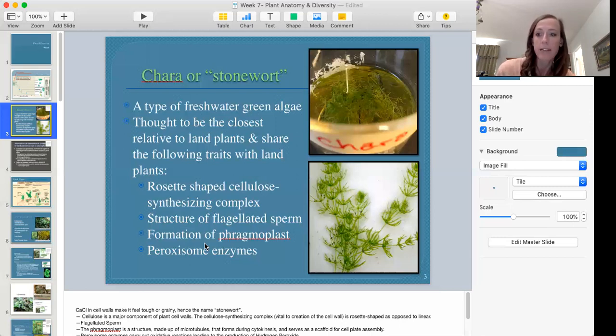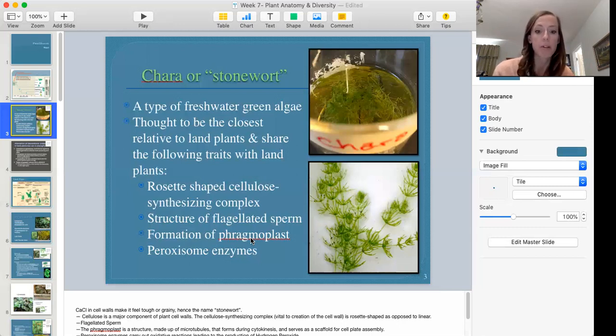The phragmoplast is a structure made up of microtubules that provides support and scaffolding for the formation of the cell plate. When cells are undergoing cell division, a plate forms between the two daughter cells that will ultimately become the cell walls of the two daughter cells. That is supported by the phragmoplast, which is present in Chara as well as in land plants, but not present in other algae.